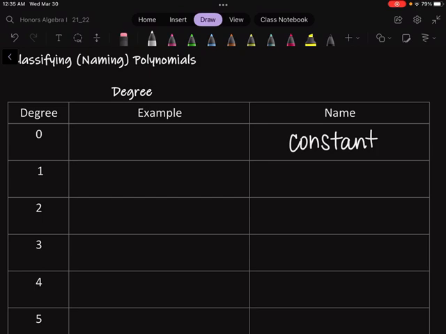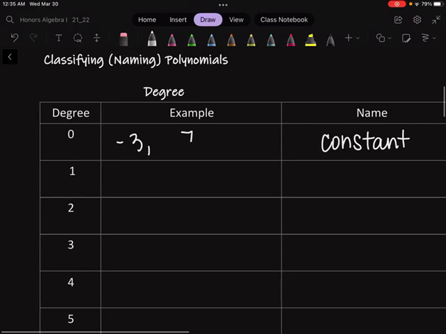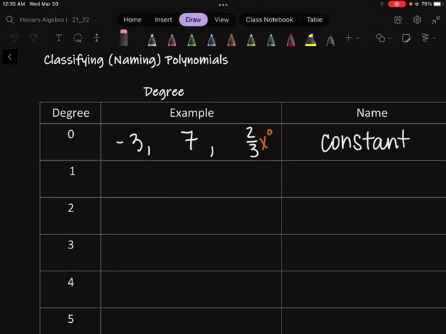So some examples of that are basically like -3, 7, it could be 2/3, right? Because essentially, if we remember, that's x to the 0 power. That is why it is a constant. And I'll put that x to the 0 power back there. So all of these could have x to the 0.